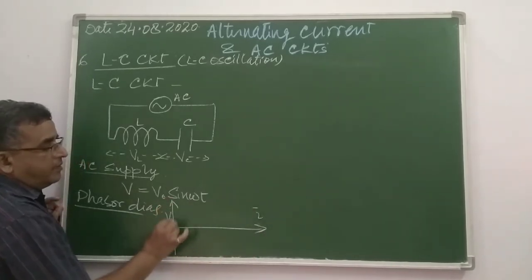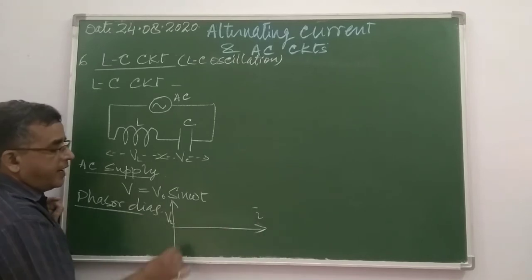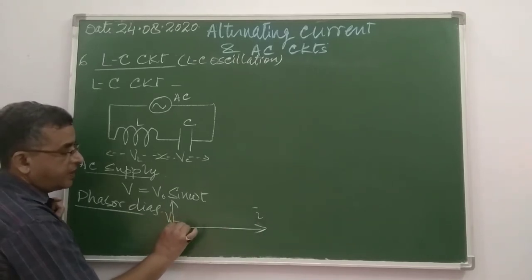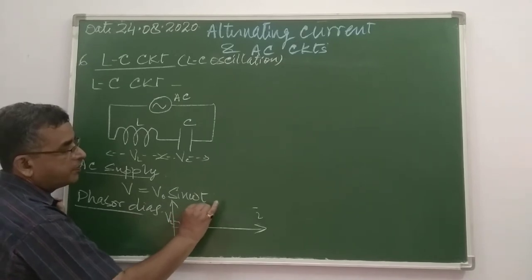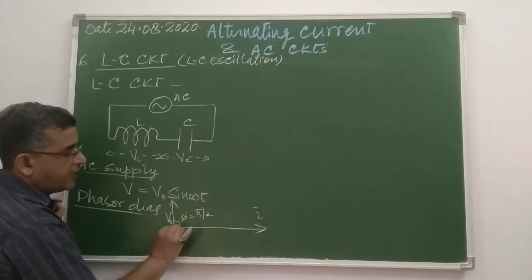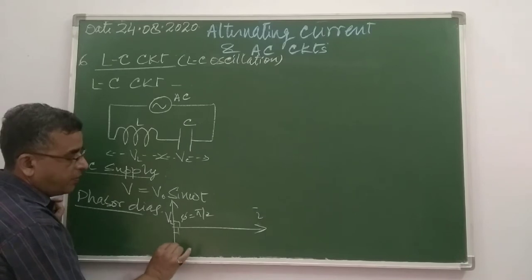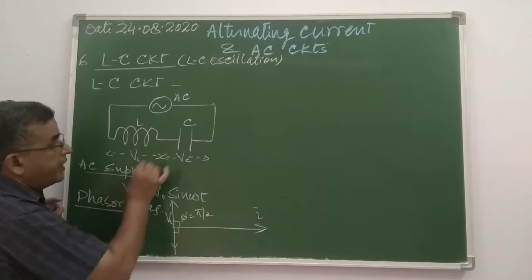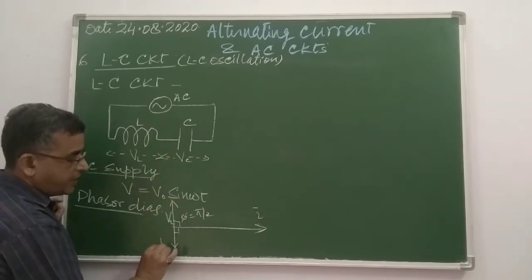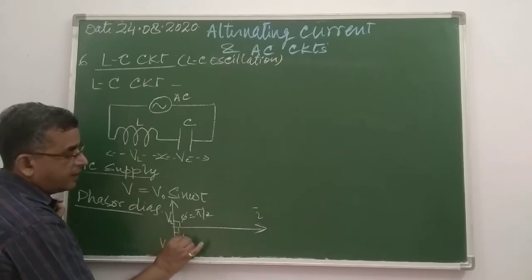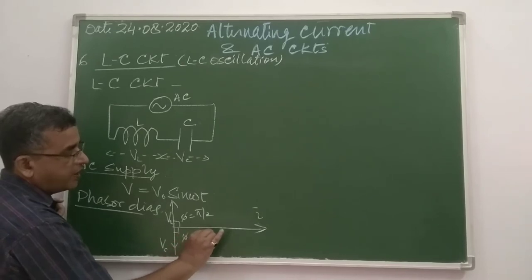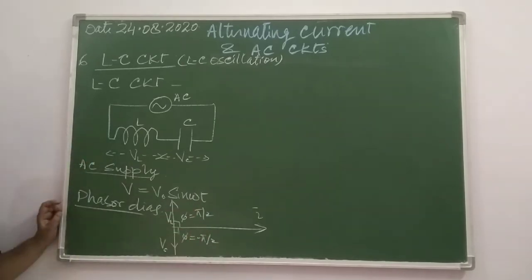So VL leads the current, so this is phi equal to plus pi by 2. And suppose the voltage across capacitor VC, the phase difference is minus pi by 2, or the voltage lags behind. So this is the phasor diagram.